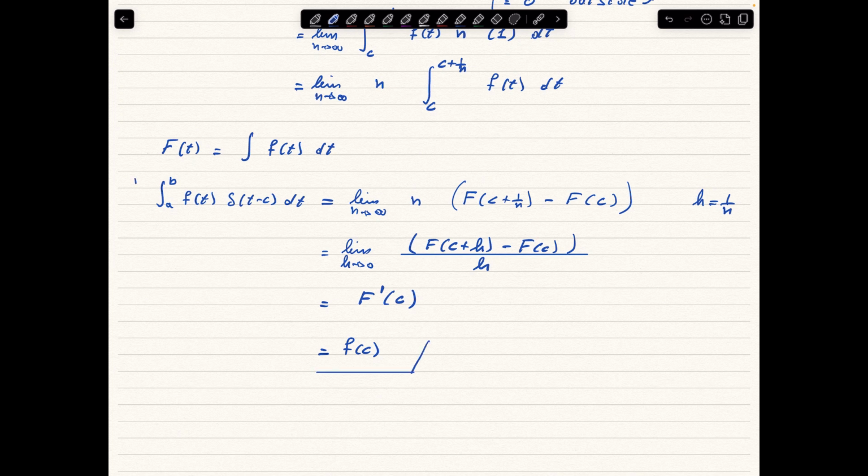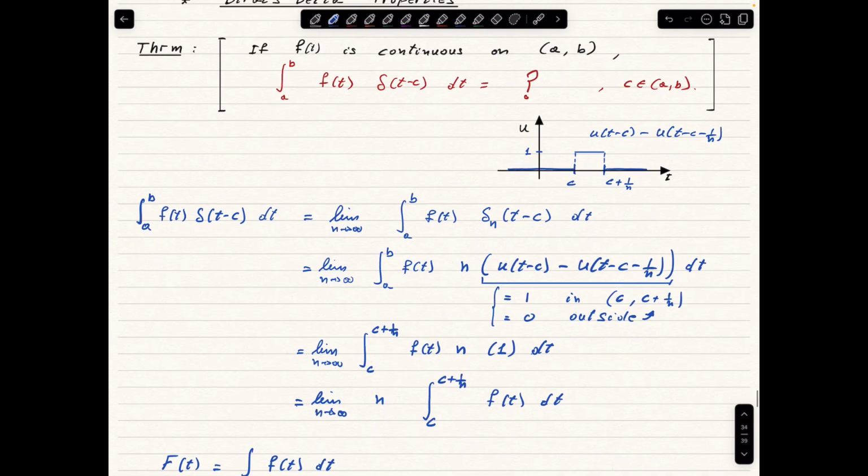So the integral of the Dirac delta multiplied by a function in a region of integration where the Dirac delta is singular returns the value of this function at that particular point. So then this is actually a proof of a theorem. So we are going to put here proof.